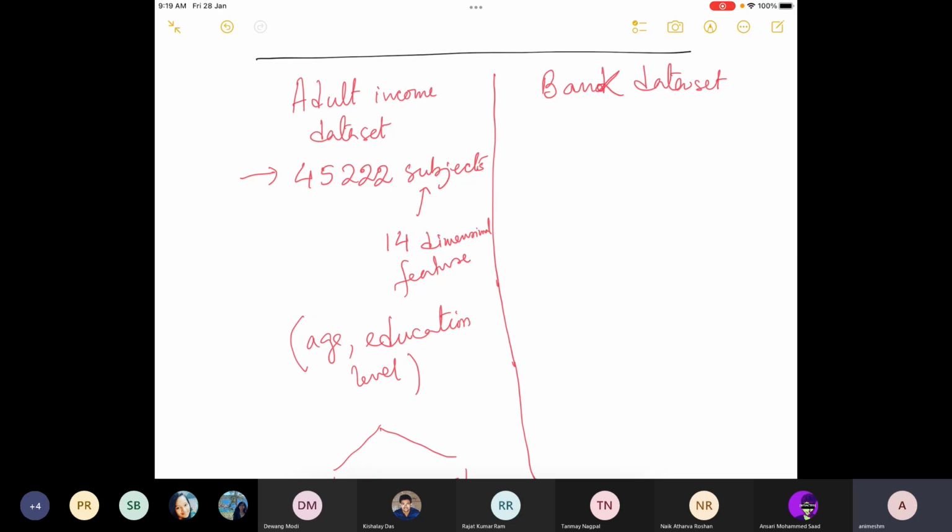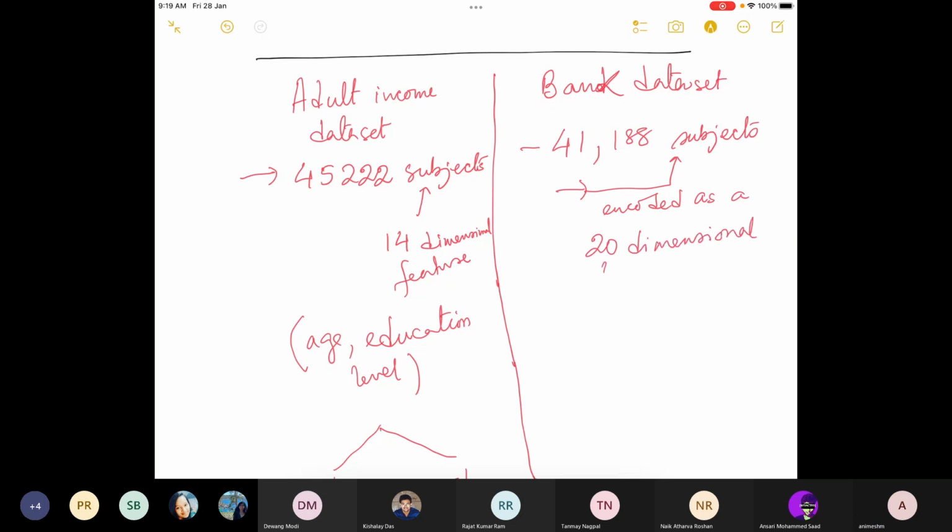The bank data set has around 41,000 subjects. Here, each subject is encoded as a 20-dimensional feature vector.